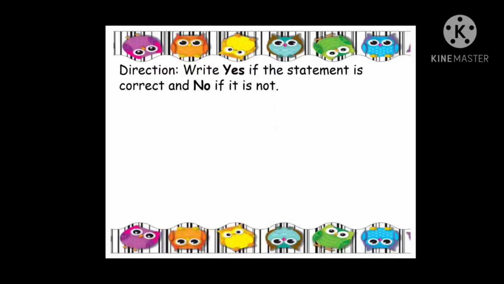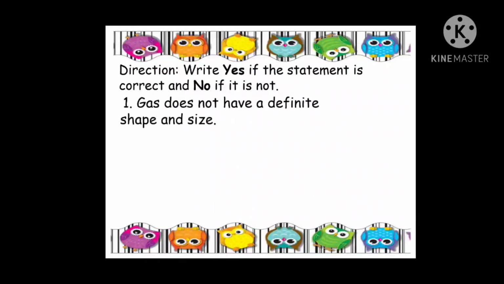Let us have number 1. Gas does not have a definite shape and size. Number 2. Air does not occupy space.